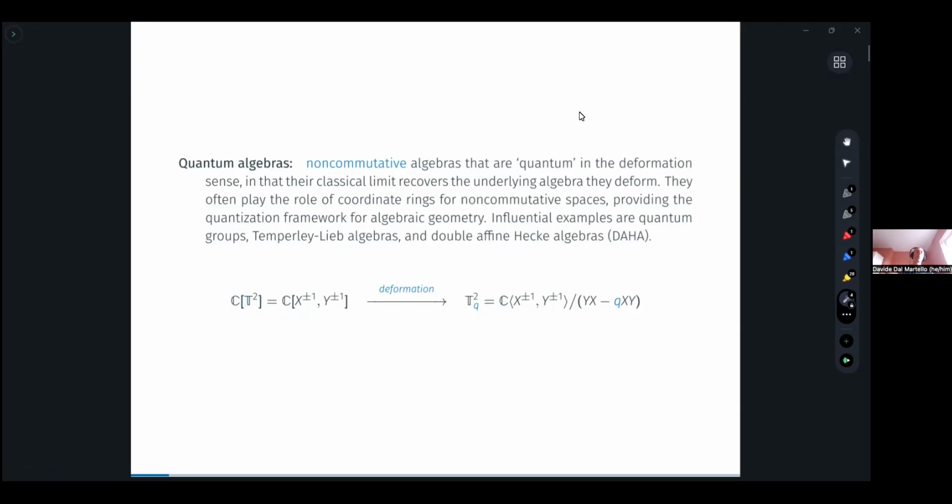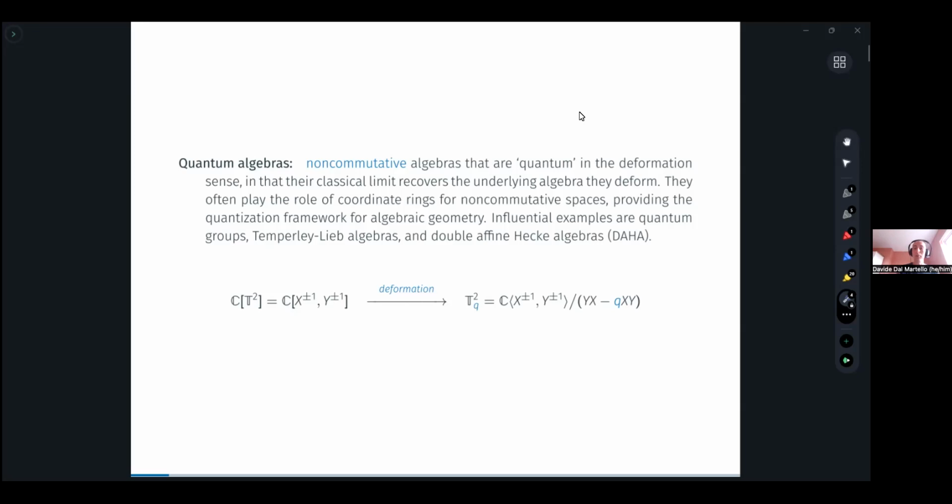You can clearly see that the classical limit is manifest in this prototypical example. Not only is it prototypical, but it is also the building block of the more convoluted quantum algebras we'll see popping up later, which will essentially be higher-dimensional quantum tori.